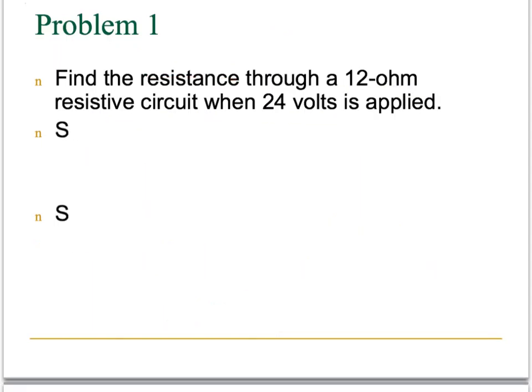Okay, to continue, let us plug in the values. So again, our equation is V over R. So our V is 24 and our resistance is 12.